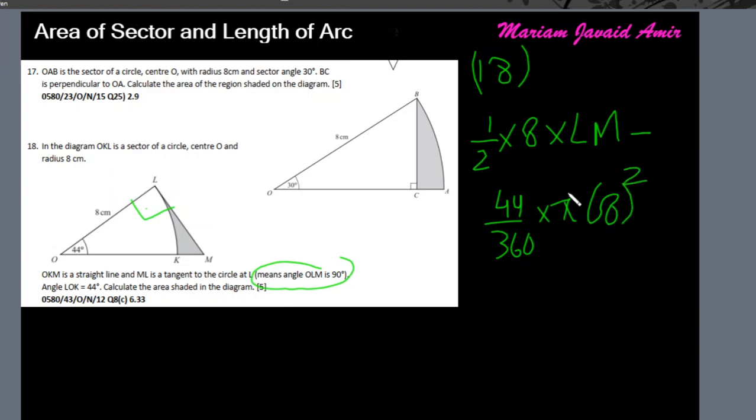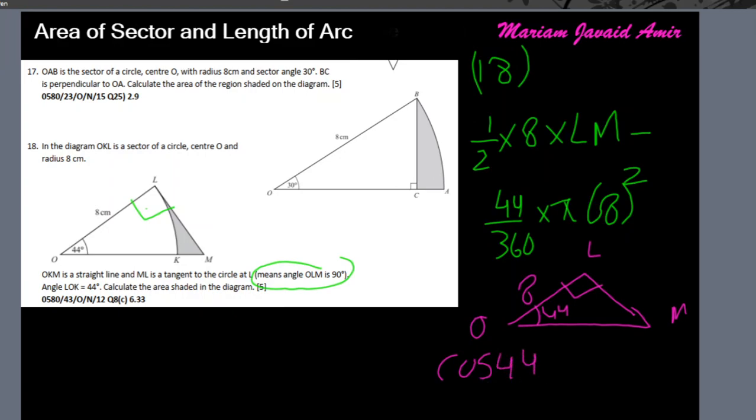Now we need LM, so for that let's draw this triangle OLM, with here it's 8. So to find LM, and this is 44, we will use cos theta. So cos 44 equals perpendicular, which is LM, over base, which is 8.